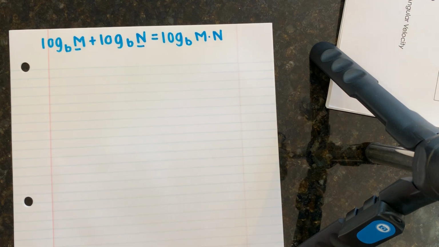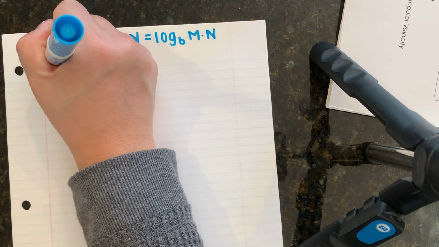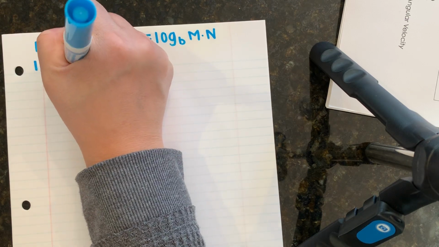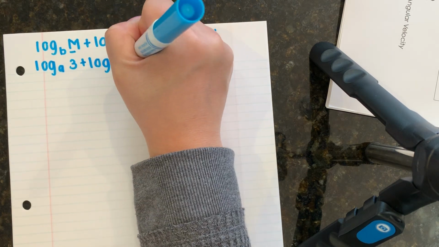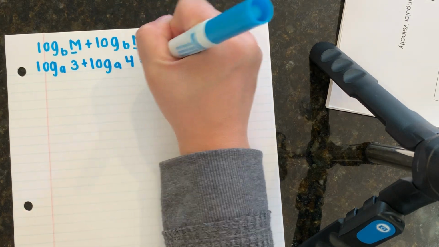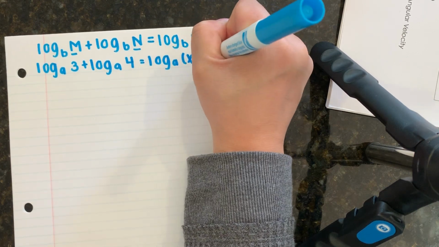Now, if you look at a problem that's in the book, we're going to look at log base a of 3 plus log base a of 4 is equal to log base a of x minus 2.